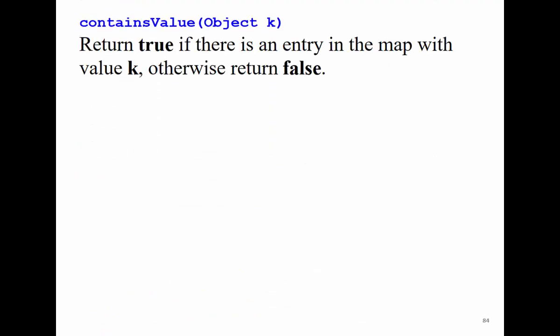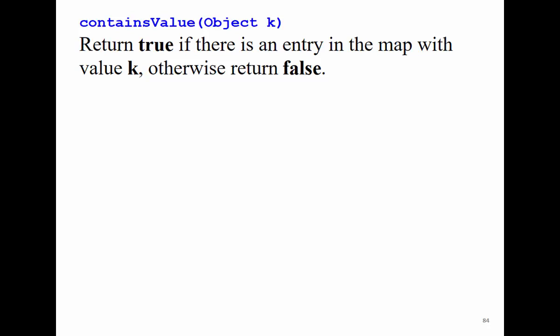You can ask if the map contains a particular value by asking containsValue. In this case, you give an object K and you ask if the object K is inside the map.